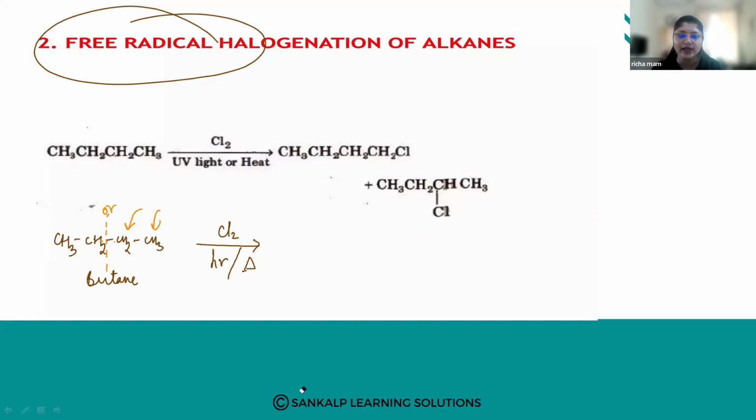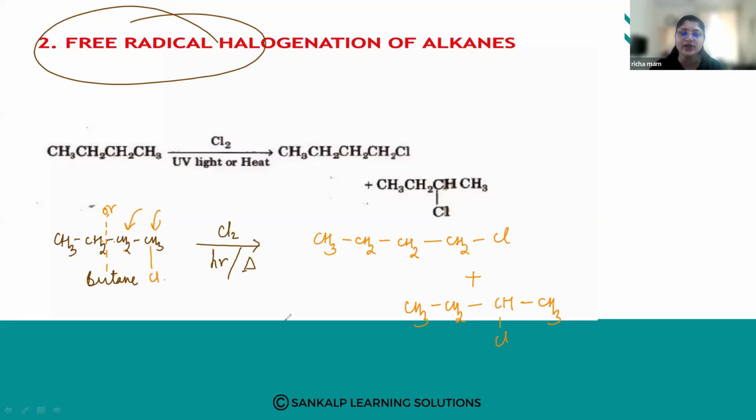How will the attack take place? There are two possibilities. The first possibility is that one of the hydrogens is replaced by Cl. The second is that it attacks the other carbon, giving CH3, CH2, with one hydrogen replaced by Cl, and CH3.